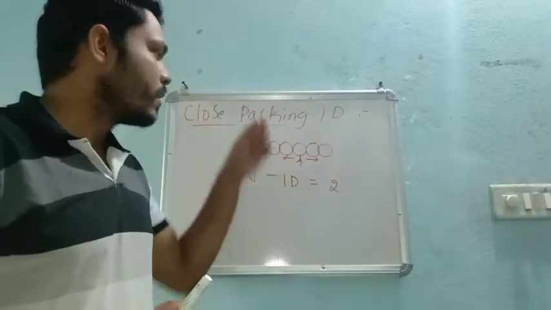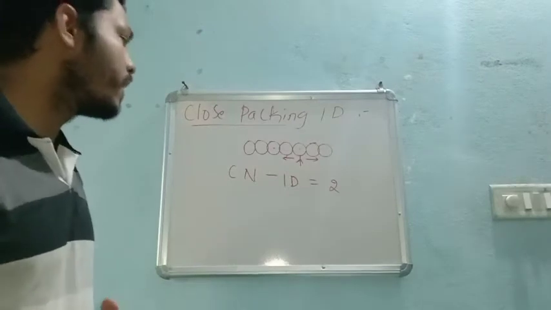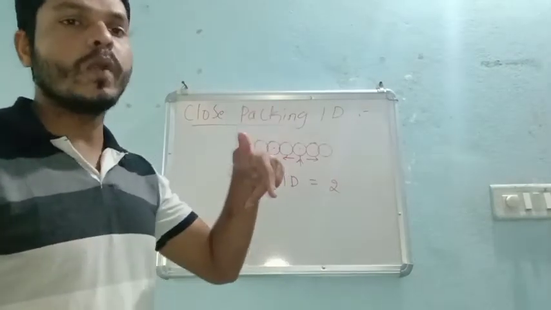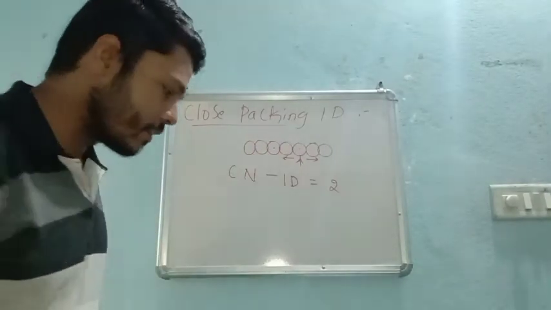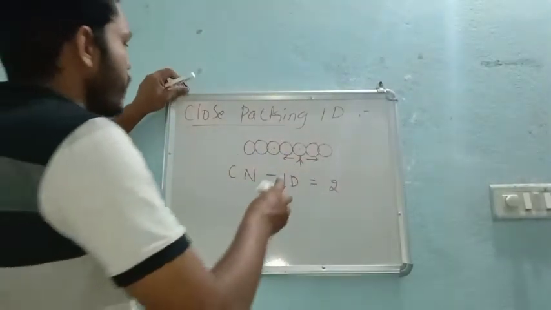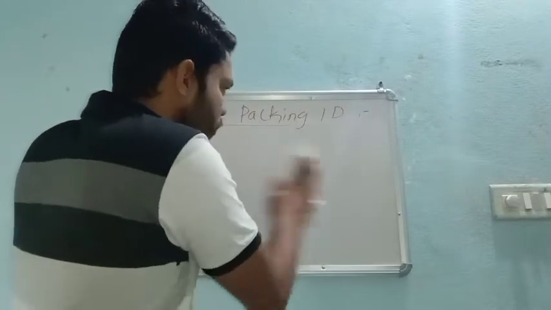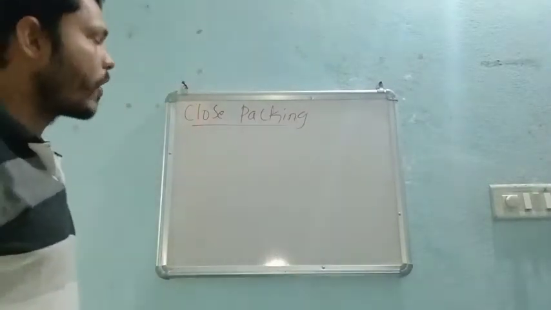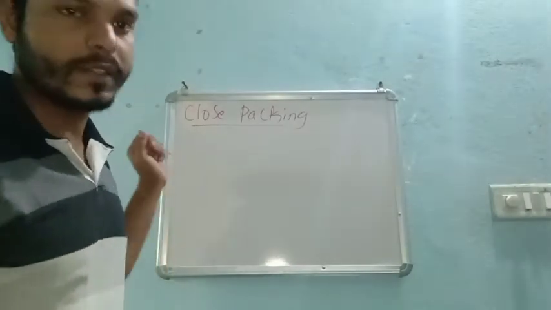So if I consider any particular atom, then in 1D we can see two atoms will always be in direct link with the particular atom. This is the case in close packing in one dimension. So for one dimension there is only one arrangement, right?